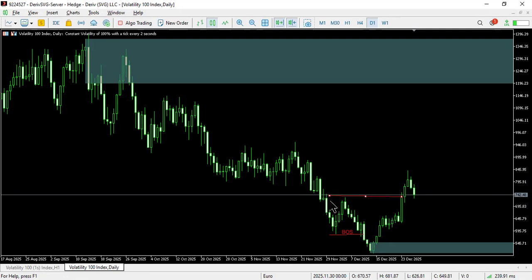As you can see, price was forming lower lows and lower highs. However, it failed to maintain structure by breaking this lower high. So that is an indication to me that the buyers are ready to come into the market because we have a change of character.